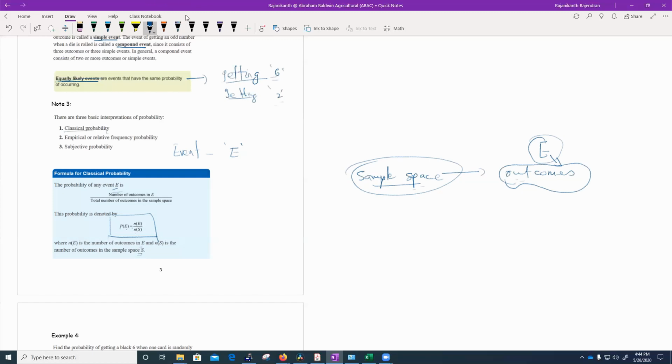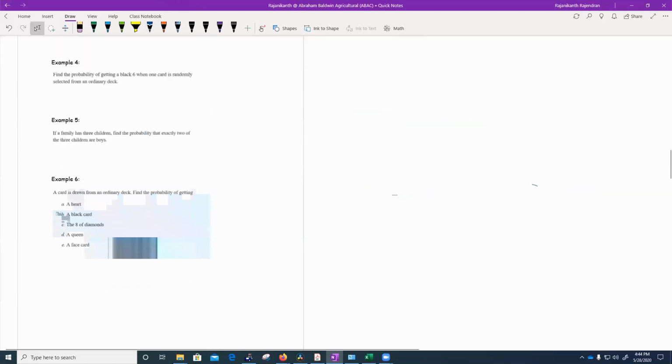Now let's look at example 4. Find the probability of getting a black 6 when one card is randomly selected from an ordinary deck of cards. Remember, in an ordinary deck, we have 52 cards. In 52 cards, there are 26 black and 26 red.